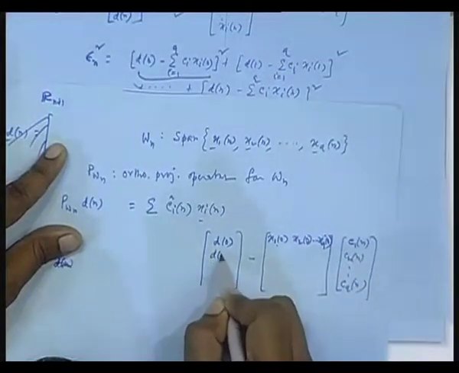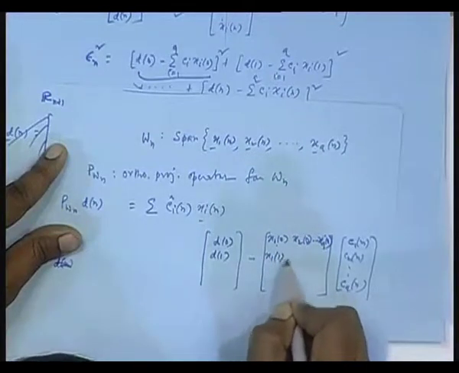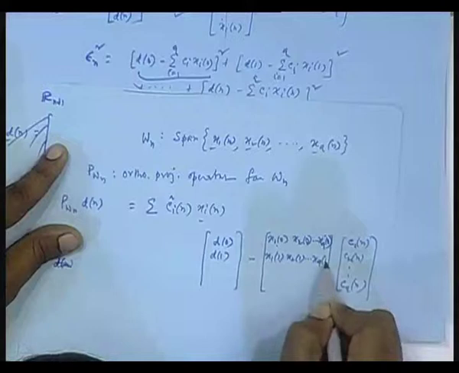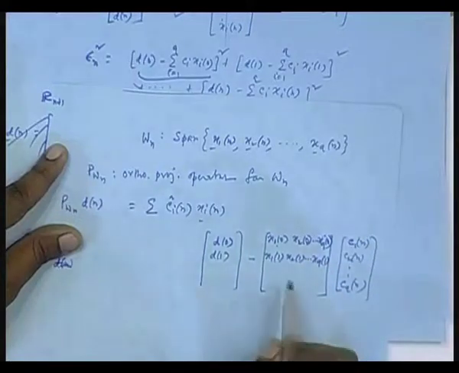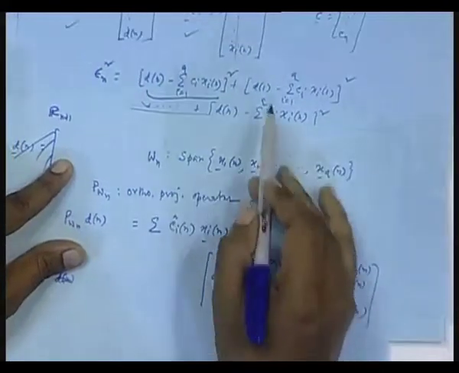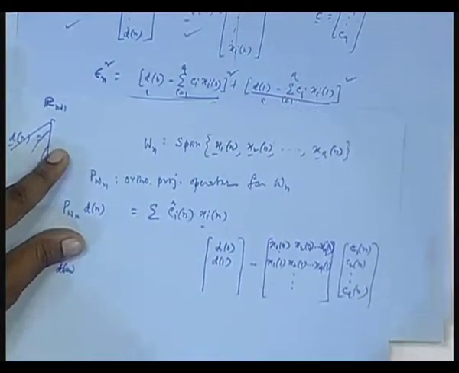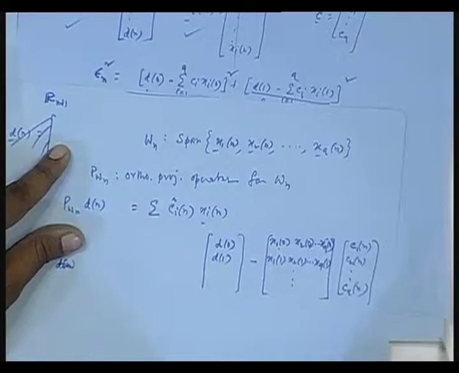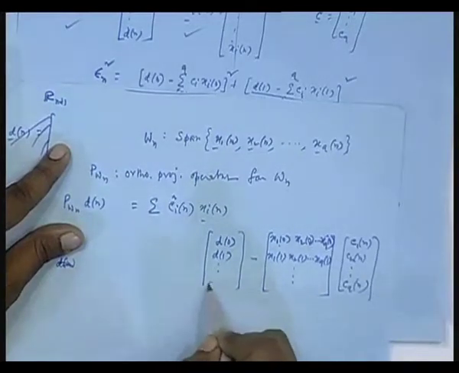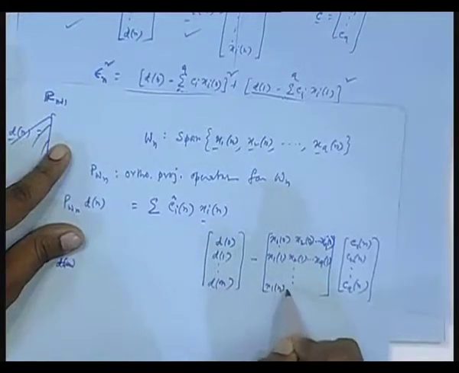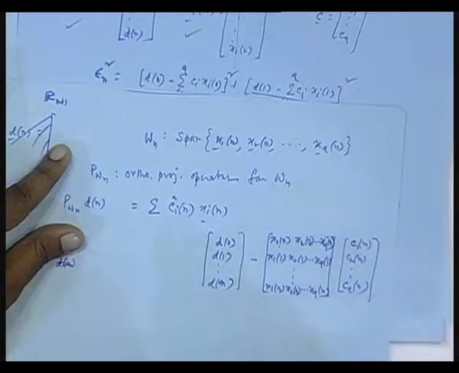Then D1, that is this quantity, isn't it? And up to Dn, the current index, the last quantity.